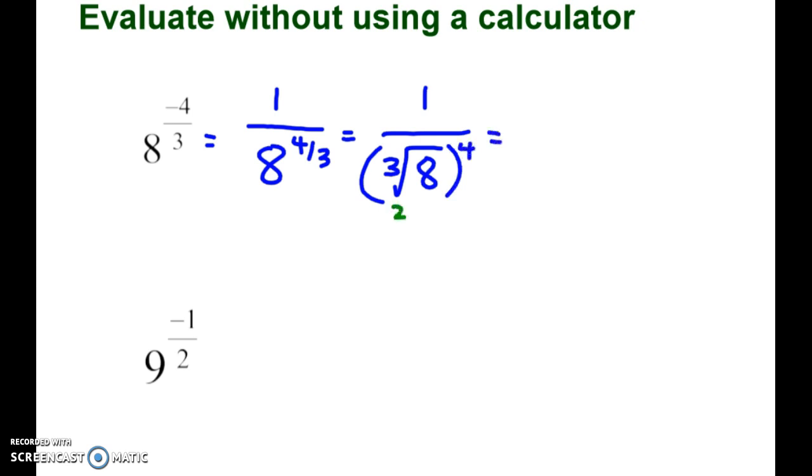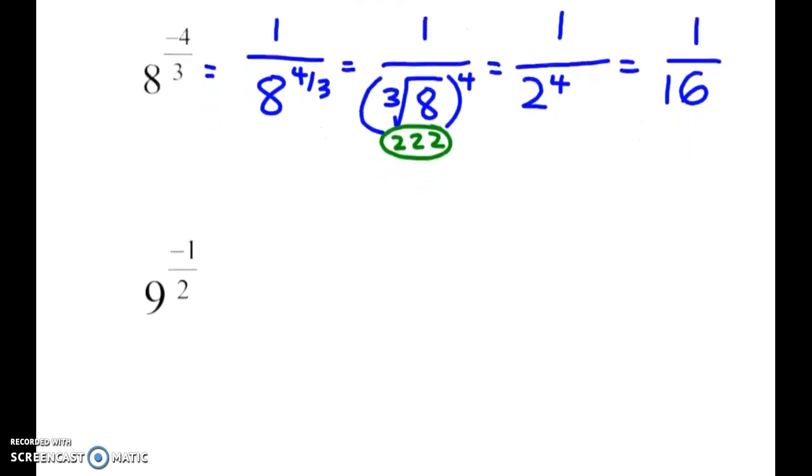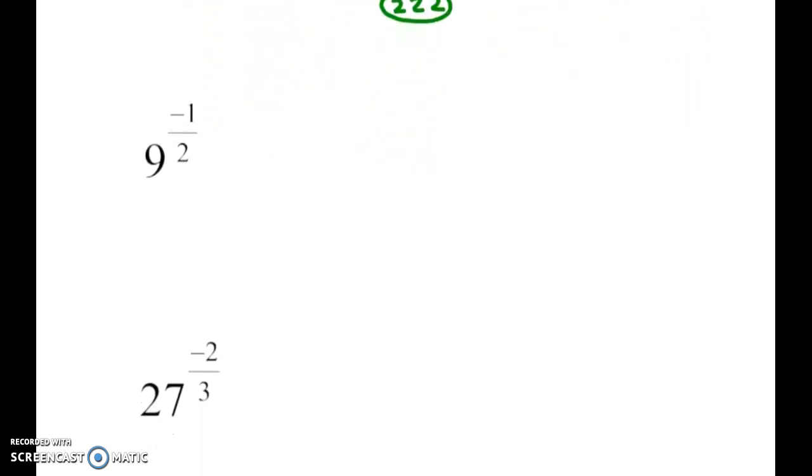And 8, when you break it down, is 3 2s. So a group of 3 2s gives me 2, and then 2 to the fourth power. And 2 to the fourth, 2 times 2 times 2 times 2, is 16. So again, we dealt with the negative exponent first, and then we went ahead and simplified it.